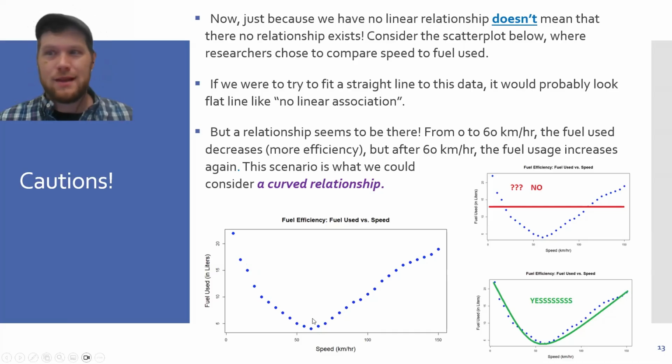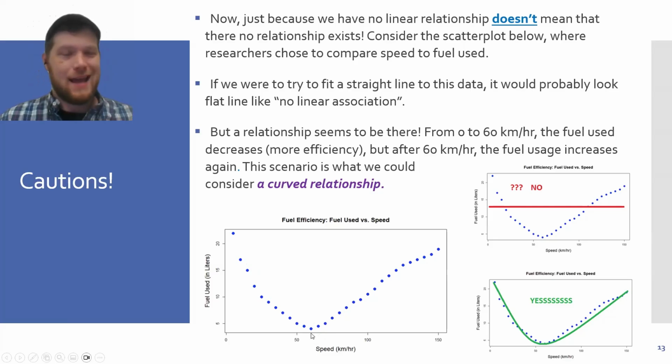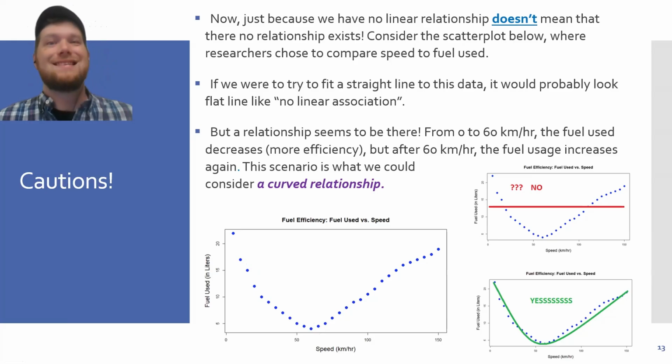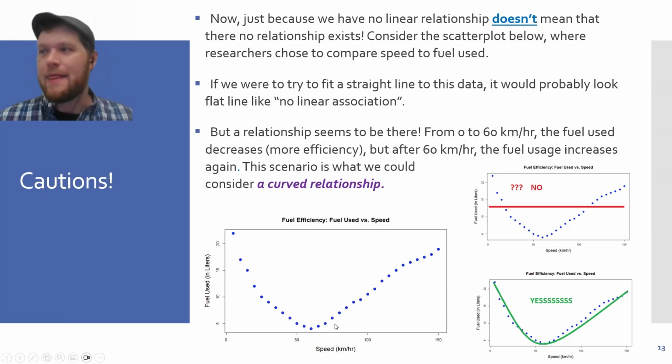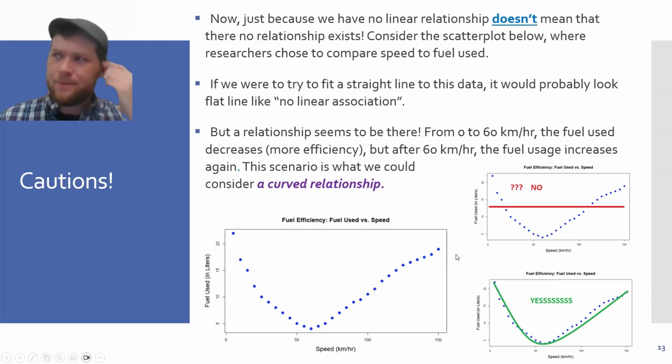So it uses less gas when you're staying at 40 or 60 kilometers an hour, basically 40 miles an hour roughly. But once you get past that point, it starts needing more gas to stay fast, and it uses more fuel in liters as the speed keeps going up.